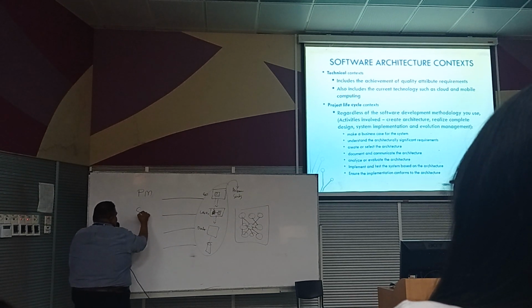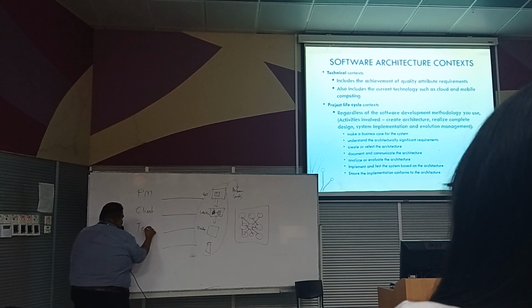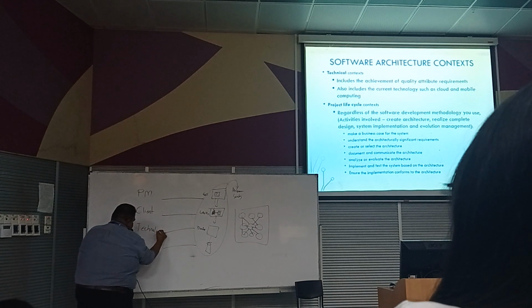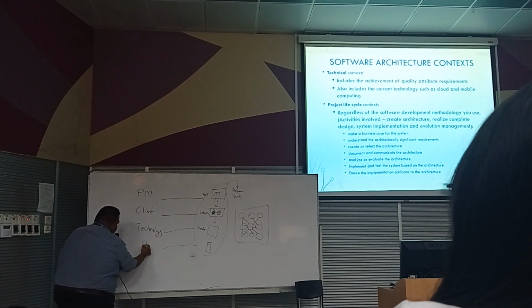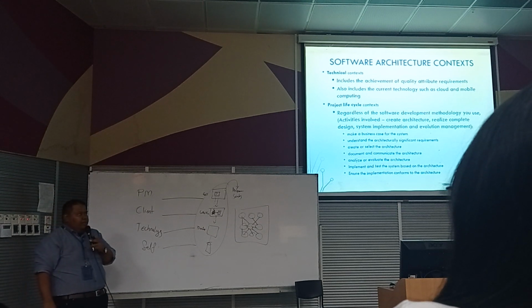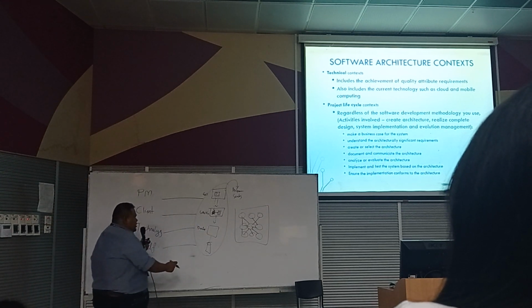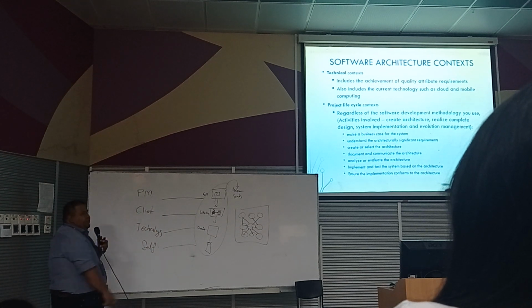Number 2 is your client. Next is the technology. And last one, yourself. So when I decide that I want to use this architecture, immediately your decision will affect these 4 parties.